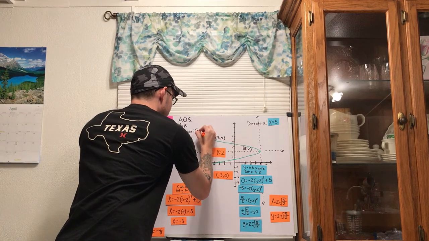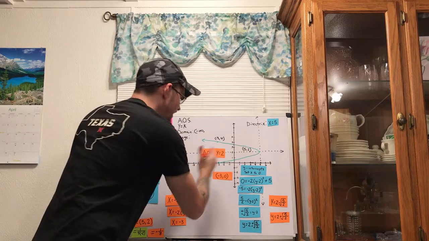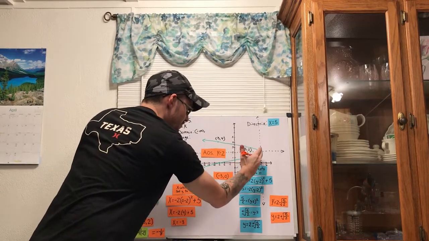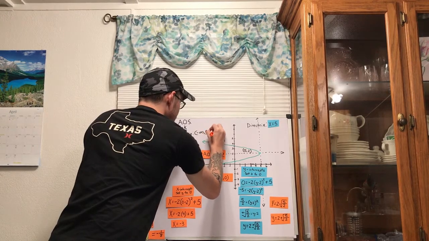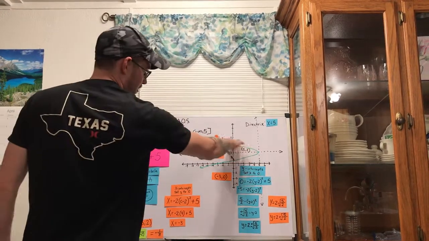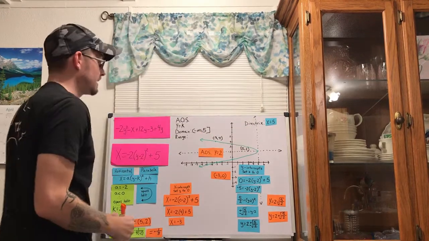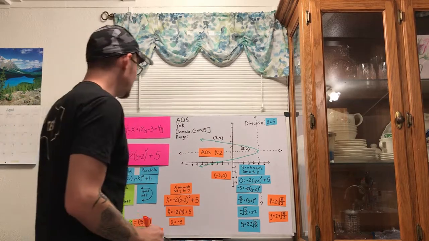So -infinity, comma. Now how far over does it go? It goes over here and it stops right at 5. And with this, we're going to use a bracket because it's included, it's a point on our parabola.